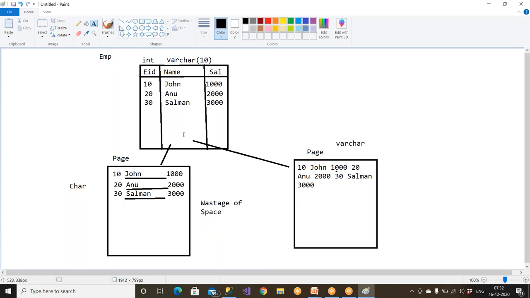But if varchar is good, why can't we use varchar everywhere? Why is character needed even today? Right? If varchar is good everywhere, why is Microsoft giving character as well as varchar? Whether it is fixed length data or variable length data, can't we use only varchar everywhere? Why is Microsoft giving this one and this one too?